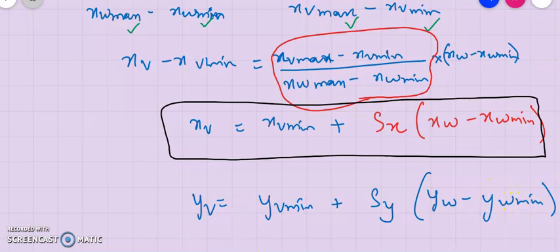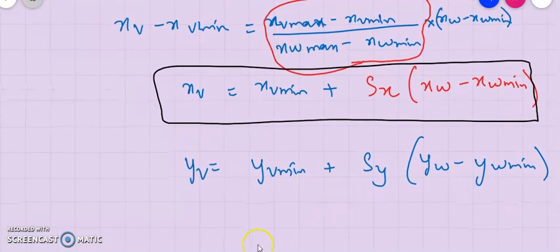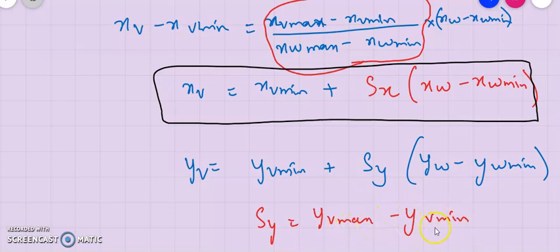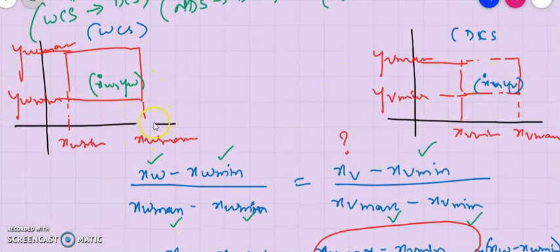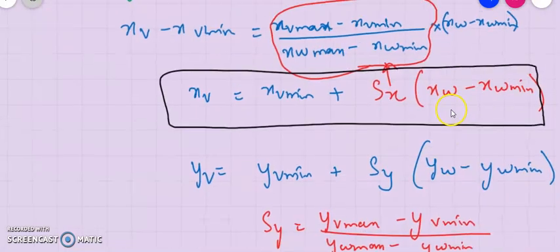And my SY will be equal to YV max minus YV minimum upon YW max minus YW minimum. So this is the Sx value and this is the SY value. These are the scaling factors required to convert my window to a viewport of any shape given to us.